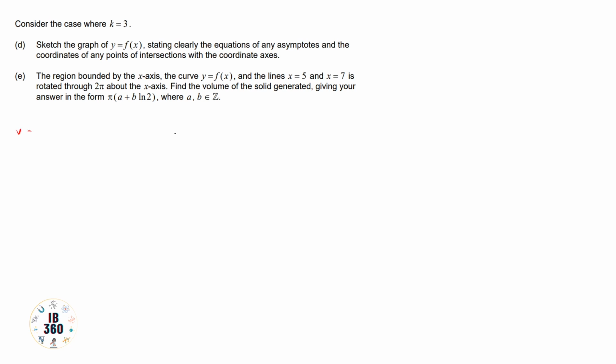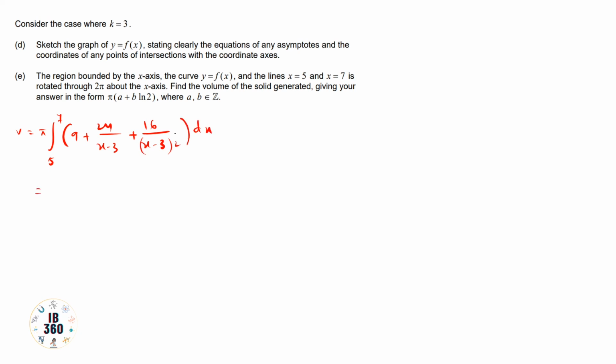So the complete equation is like this, pi, 5 to 7, then we have 9 plus 24 by x minus 3 plus 16 divided by x minus 3 whole square, complete dx.